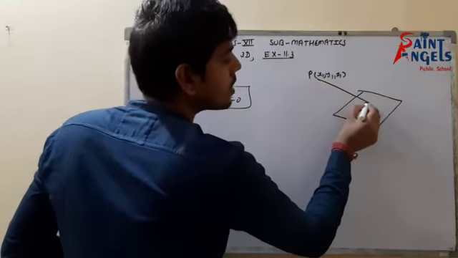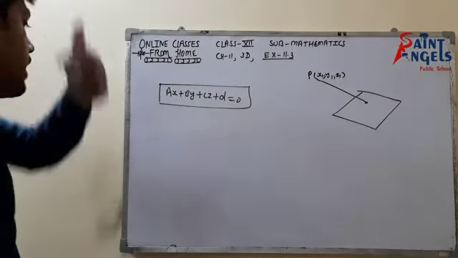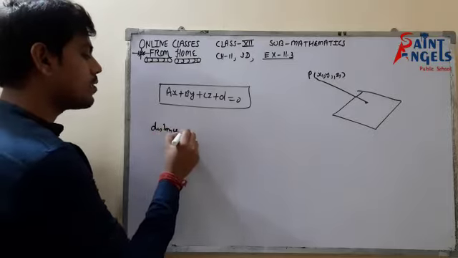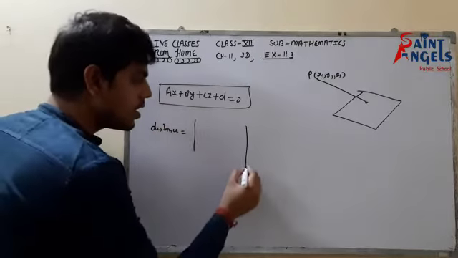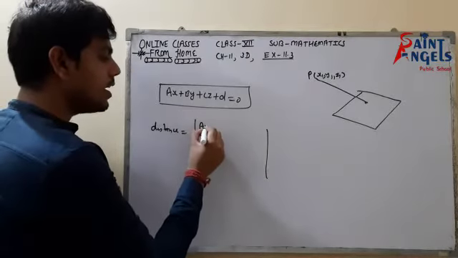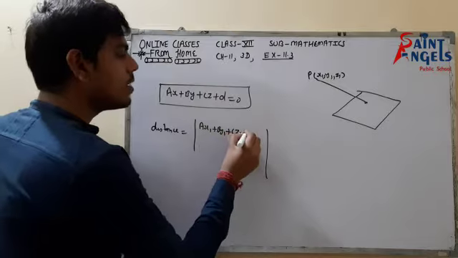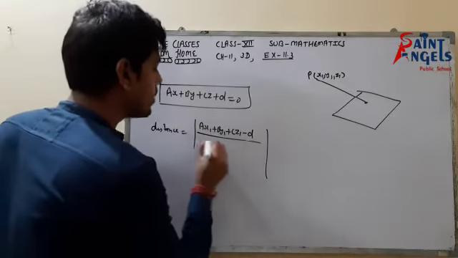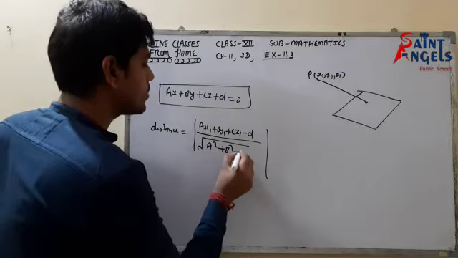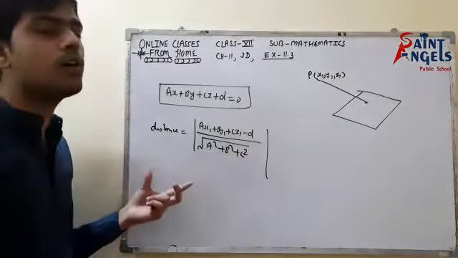The perpendicular distance of the point P to the plane is given by the formula: distance equals modulus, since distance cannot be negative, of (ax1 plus by1 plus cz1 minus d) upon under root a square plus b square plus c square.